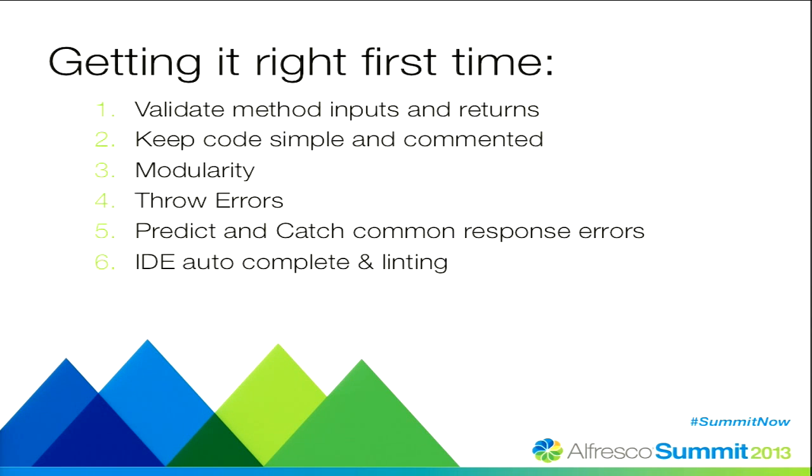Something else I think is very important is code linting and IDE auto-completion and things like that. If you've got an IDE that can spot possible errors and alert you to those before that code hits the server, then that massively increases your productivity.